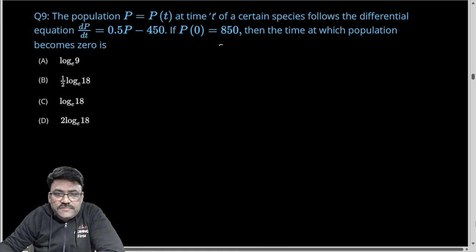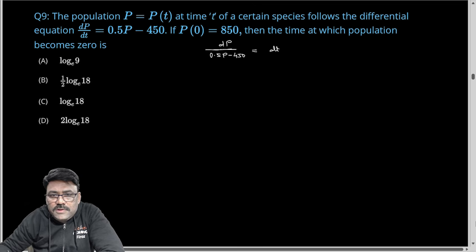It can be written as dp over, p is variable now, dp over 0.5 p minus 450 is dt. Now let's integrate. This population is varying from 850 to 0. Time you have to find, let's say 0 to n. N you have to find.